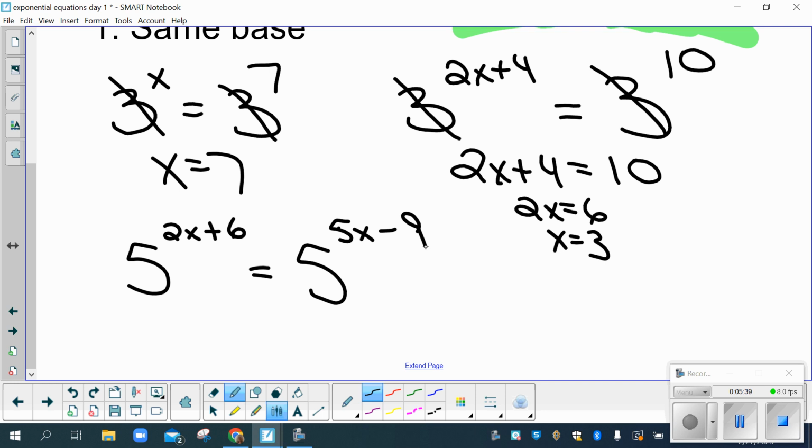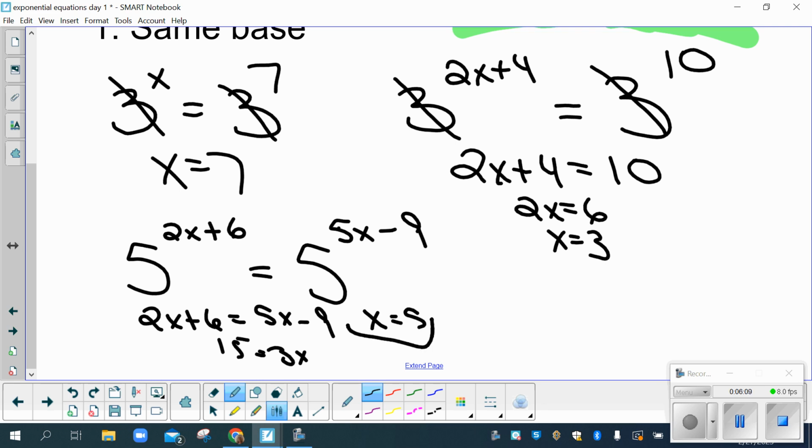Honest to God, if the base is the same, you just cancel the base. I just made this problem up in my head, so I'm having to do it. I'm going to get 3x over here, 15 over here. Did you guys get x equals 5? Does that seem right? x equals 5? Yeah? Okay.